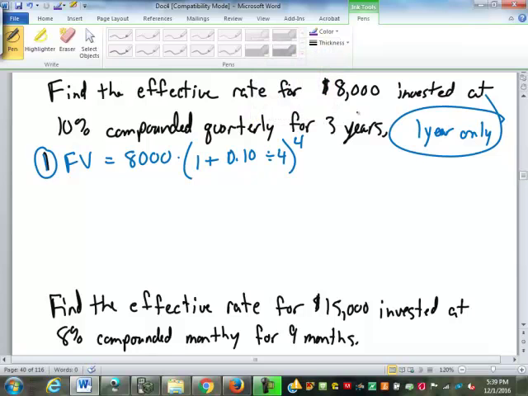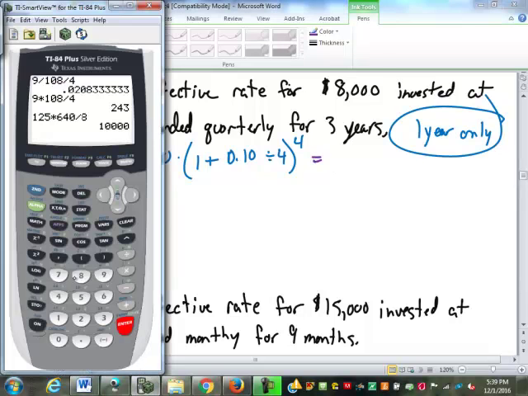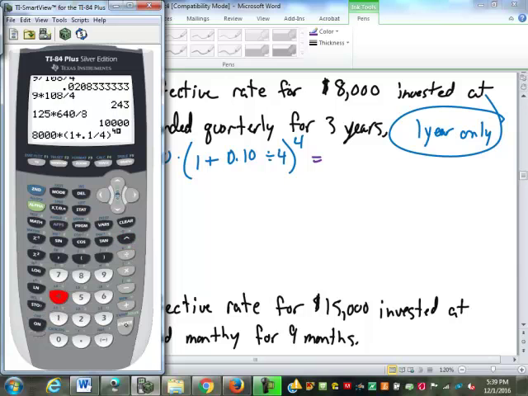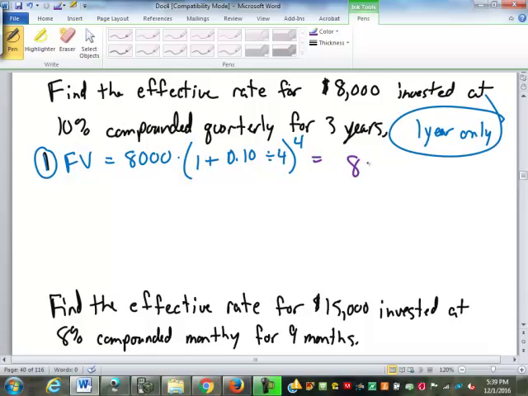Yes, if our period is more than a year, if we're doing effective rate, we only go for 1 year. So 8,000 times, parentheses, 1 plus 0.1 divided by 4 to the power of 4. $8,830.50.